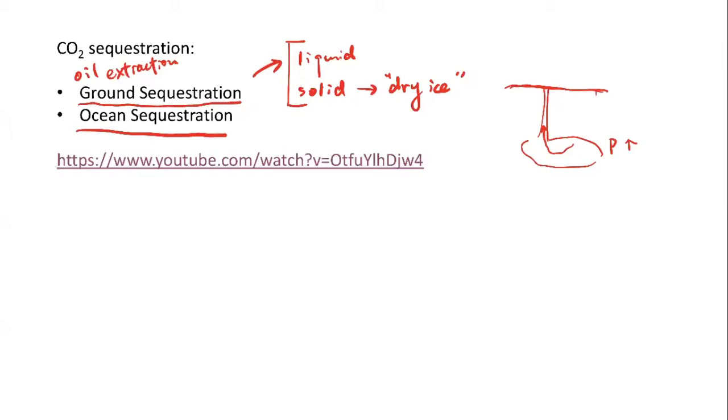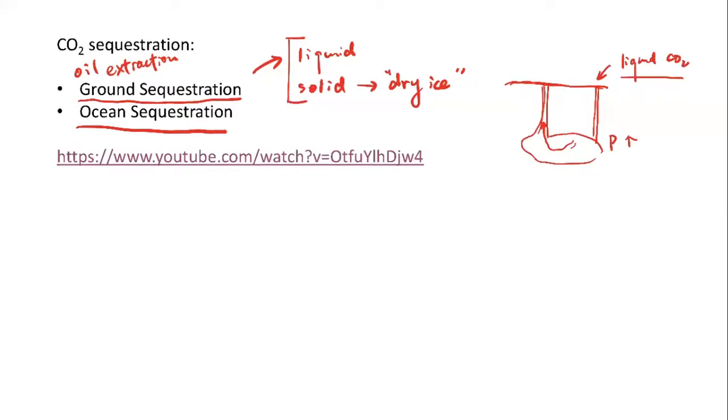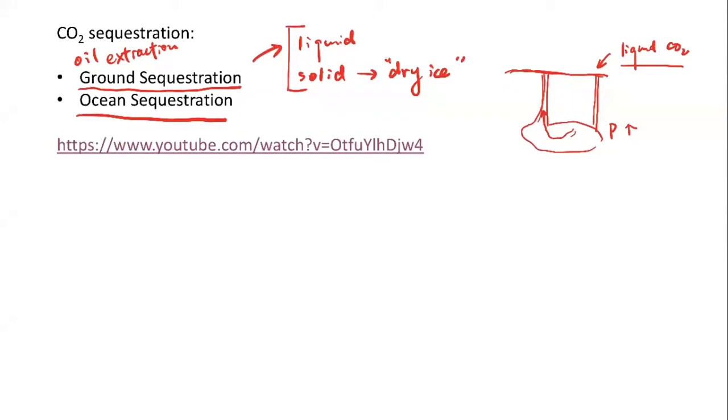What we can do is dig another hole and inject liquid carbon dioxide into the oil field to push the oil outside for further treatment. People have been practicing this for a long time, but they haven't thought about it as an approach for carbon dioxide sequestration. So we can use a method similar to oil extraction.